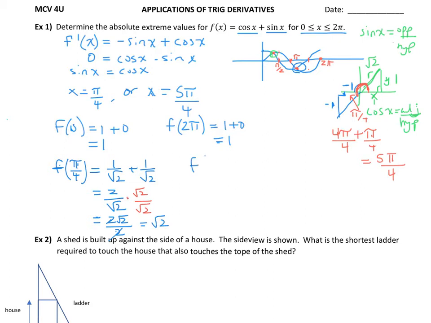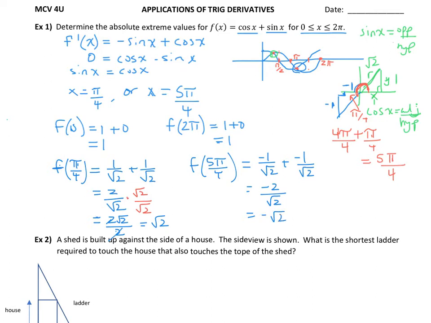I'm also going to do f at 5 pi over 4. So f at 5 pi over 4, that cosine would be negative 1 over root 2, and our sine would be negative 1 over root 2. So that's going to be negative 2 over root 2, which I could also rationalize the denominator, and that gives us negative root 2.